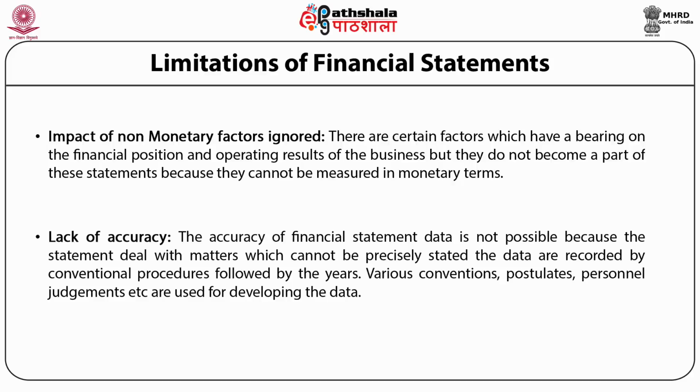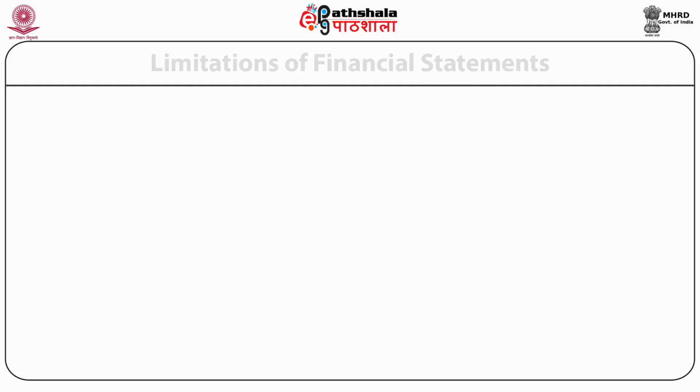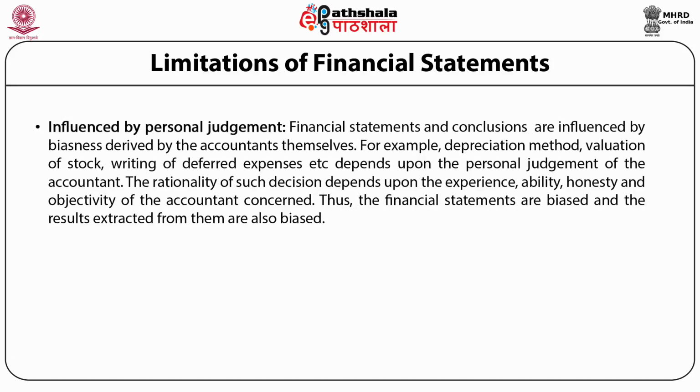Lack of accuracy. Accuracy of financial data is not possible, because the statements deal with matters which cannot be precisely stated. The data are recorded by conventional procedures, where various conventional postulates and personal judgments are used for developing the data. Influenced by personal judgments. Financial statements and conclusions are influenced by bias derived from the accountants themselves.